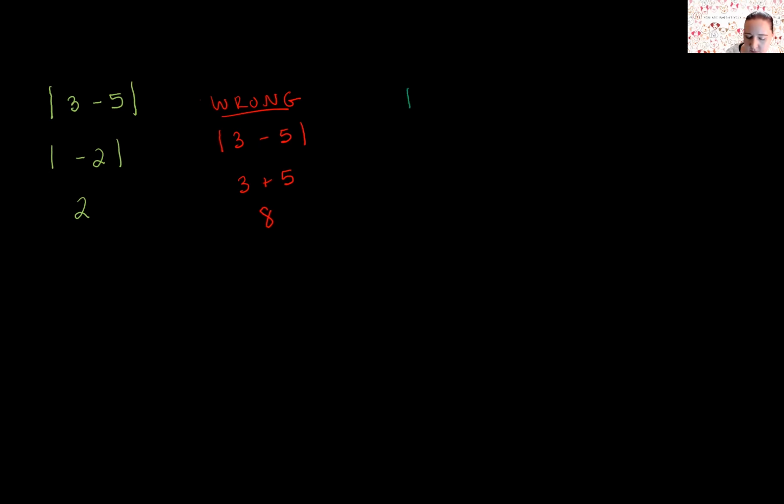So another example would be -1 plus -6 inside absolute values. So I have more than one number inside these absolute values. So I need to add those together first. I need to do what it says, -1 plus -6.